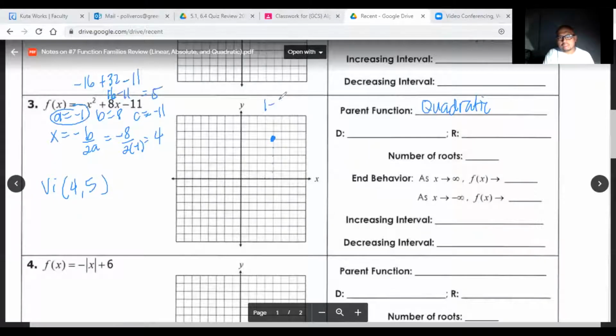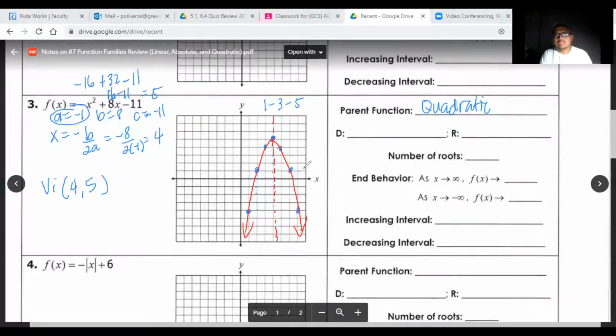So I'm going to apply the 1, 3, 5: down 1 over, down 3 over, down 5 over 1, 2, 3, 4, 5. Reflection. Boom. That's my parabola.